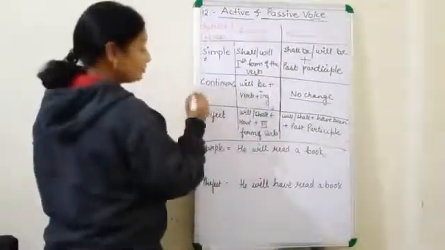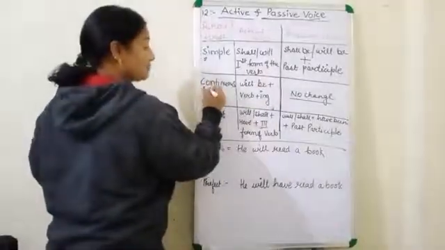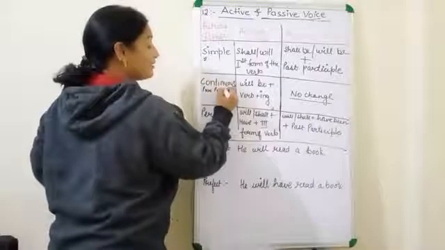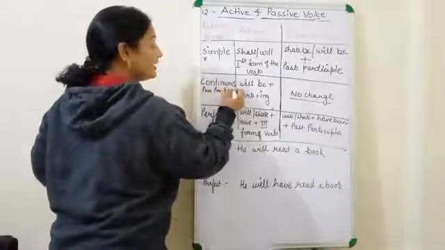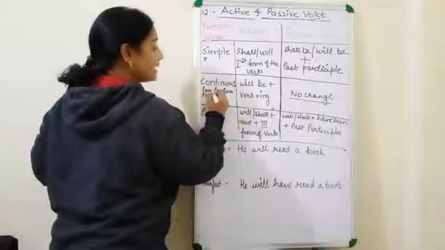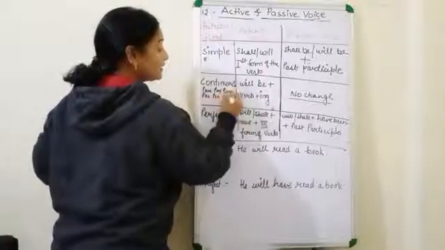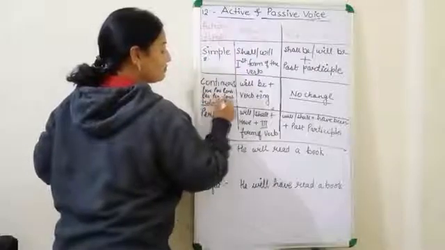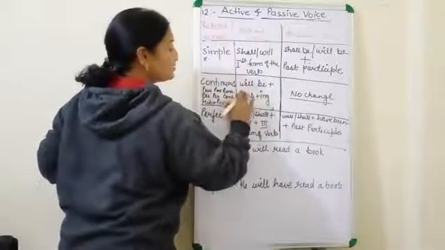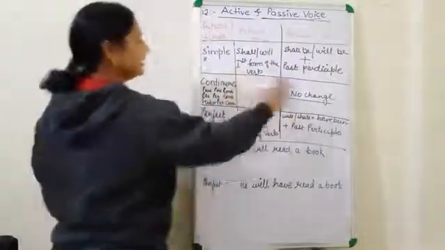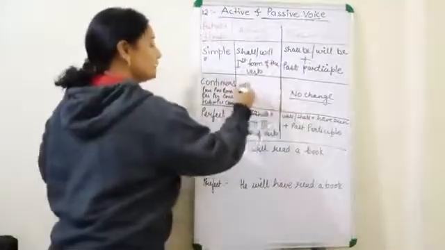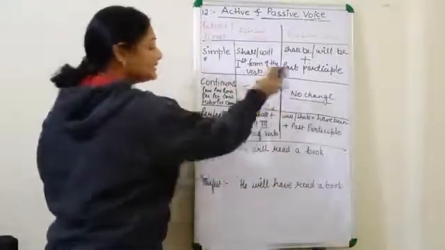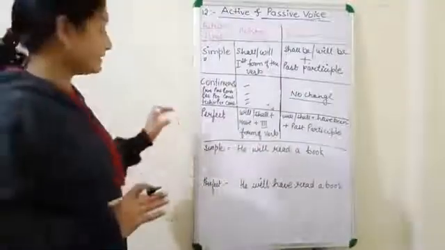Number 1 is no change: present perfect continuous, past perfect continuous, and future perfect continuous. Then there is no need of writing the rule. There will be no change. Whatever the sentence is, it stays as it is.